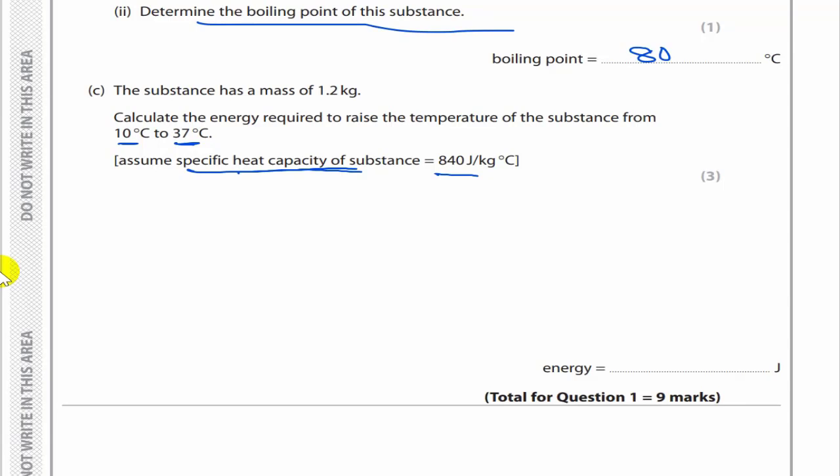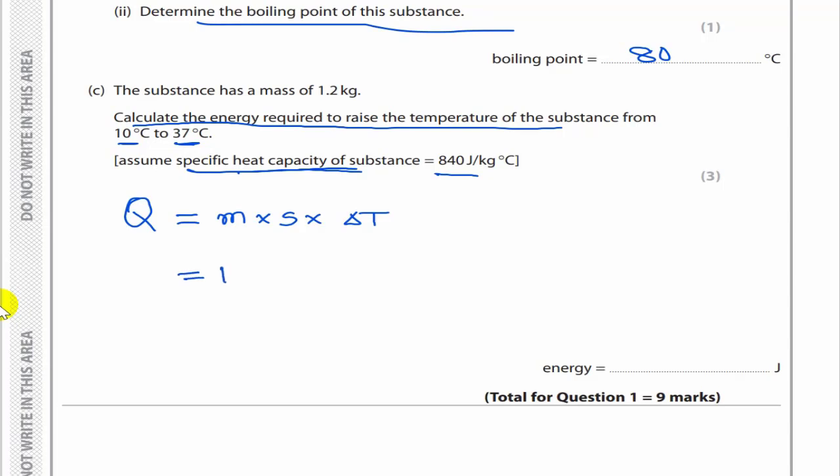We know heat energy, there is a formula Q equal to M S delta T. M is the mass, S is the specific heat capacity of the substance, and delta T is the change in temperature.